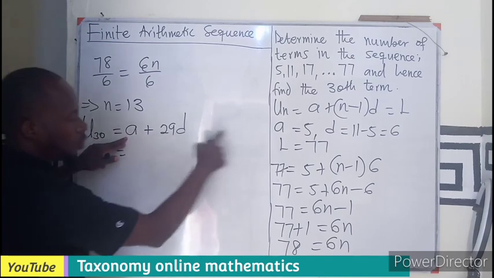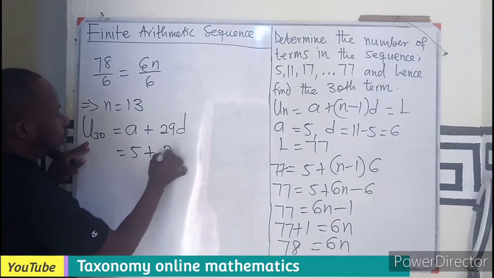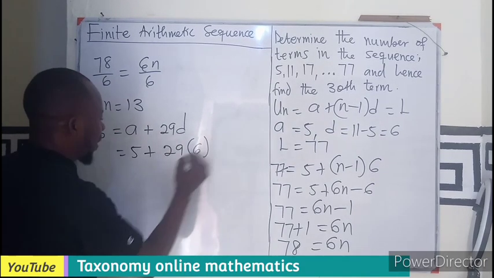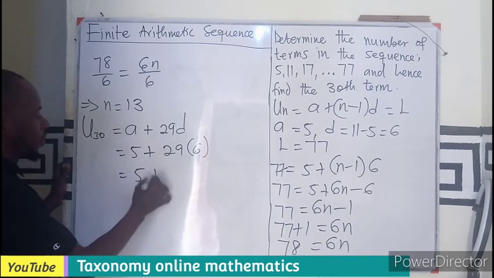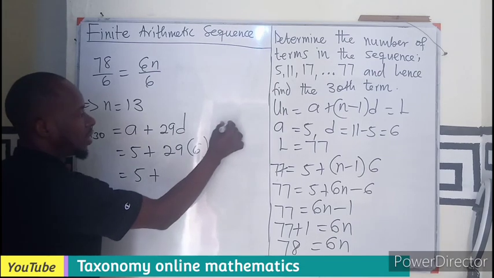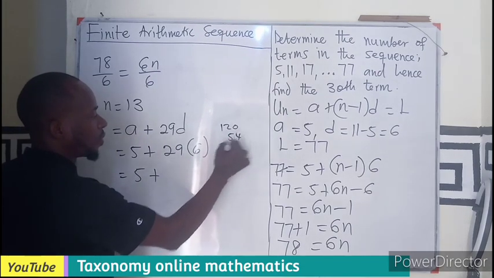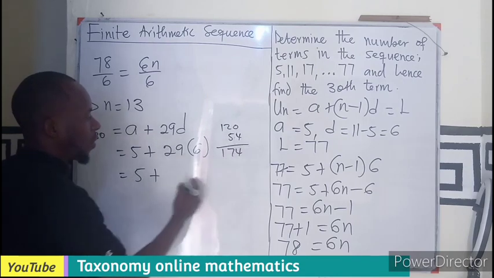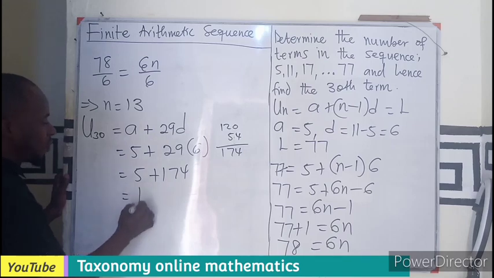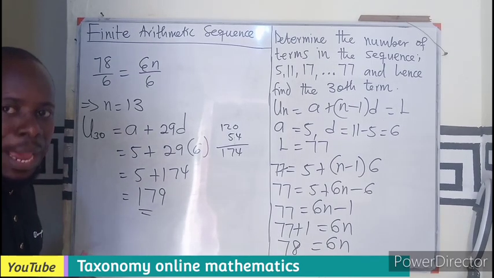So your a, which all the way we have as 5, plus 29 times d, which we are having as 6. So 29 times 6 gives us 174, and when you add 5, you have 179 as the 30th term.